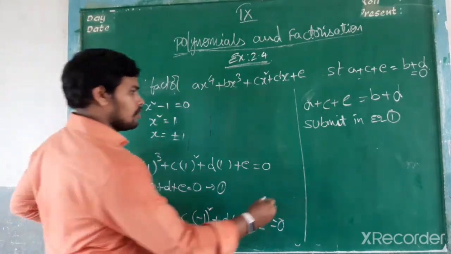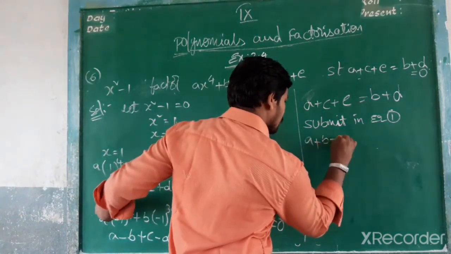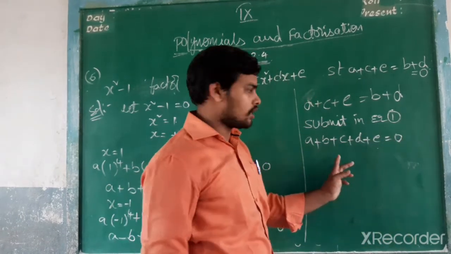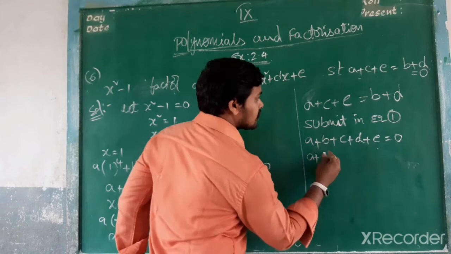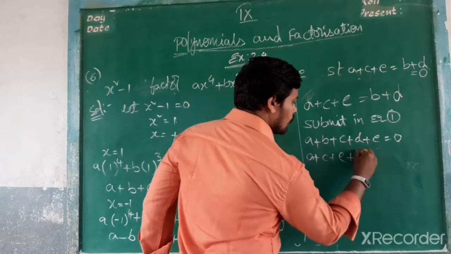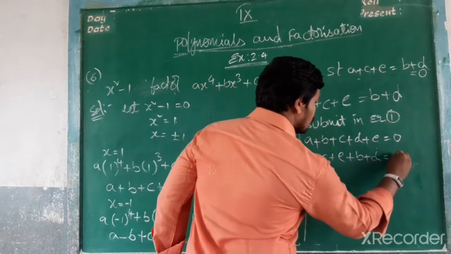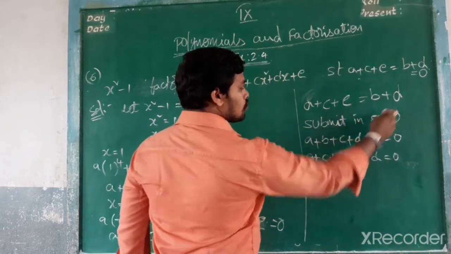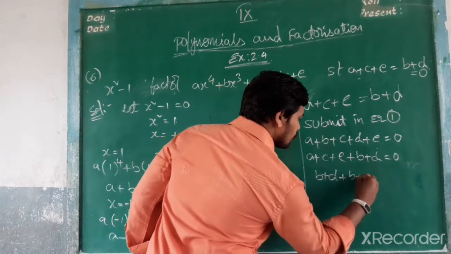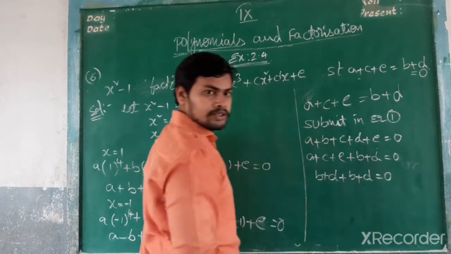So a plus b plus c plus d plus e equal to 0. This is the actual first equation. So we write a plus c plus e all together and the remaining two as b plus d. Now substitute a plus c plus e equal to b plus d, so b plus d plus b plus d equal to 0.